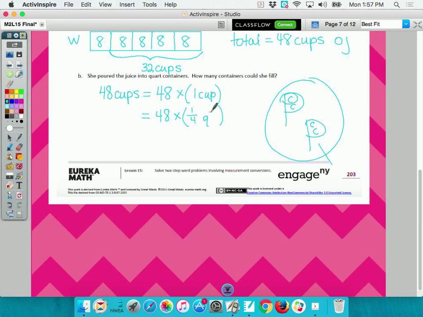So 1/4 quart is the same thing as 1 cup. So we'll do 48 times 1/4 would be 48 fourths. What's 48 divided by 4? 12. So how many quart containers would she fill? 12 of them.